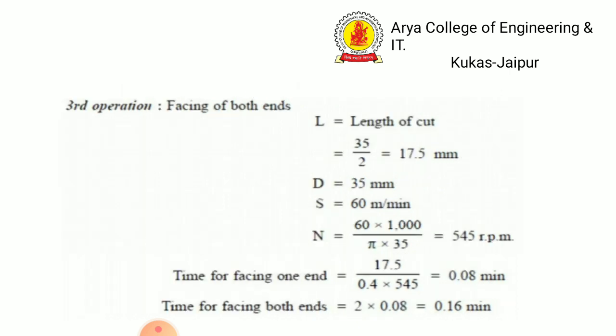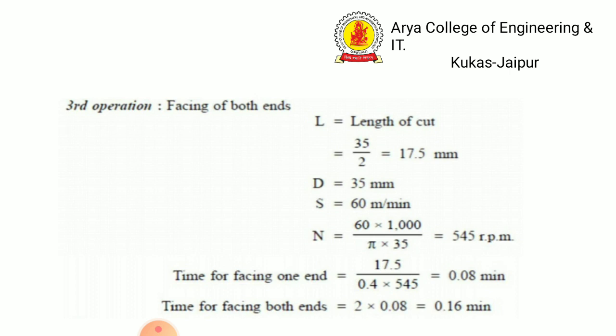Now in the third operation, facing of both ends. L equals length of cut, 35 divided by 2 equals 17.5 mm, D equals 35 mm, S equals 60 meters per minute. So now we calculate N for the third operation, 60 times 1000 divided by pi times 35, 545 rpm.